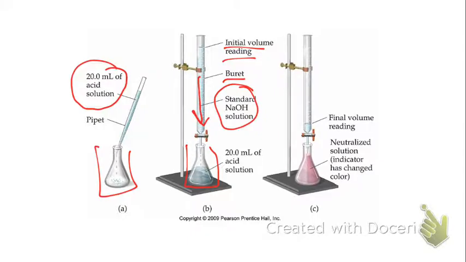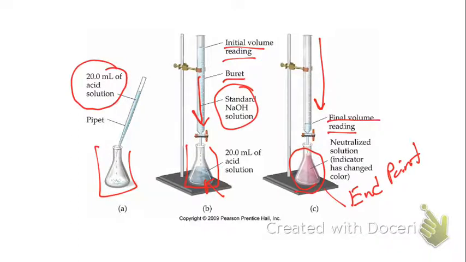Now remember that the pH indicator is in the flask, so it can change colors once we hit the end point. And as you can see, as we continue to add base, we finally get a color change that we want. So we've reached the end point, which we hope again is the equivalence point, so that all of the acid and base has been neutralized at that point. And so then we know what the final reading of the burette is.